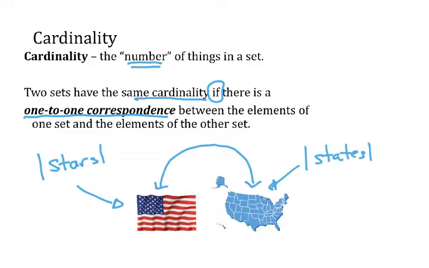I think we know that the number of stars on the flag is the same as the number of states, so I can write this. These two have the same cardinality. There's one star for each state, and each state represents one star.